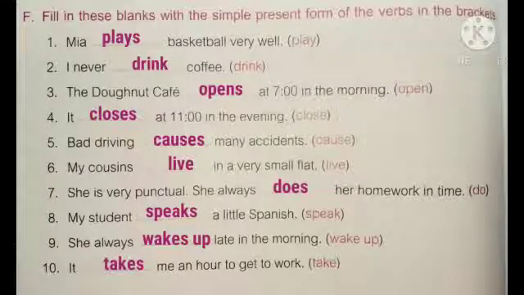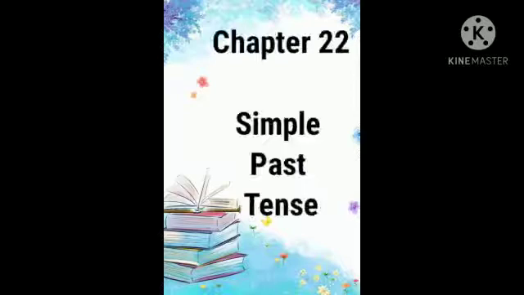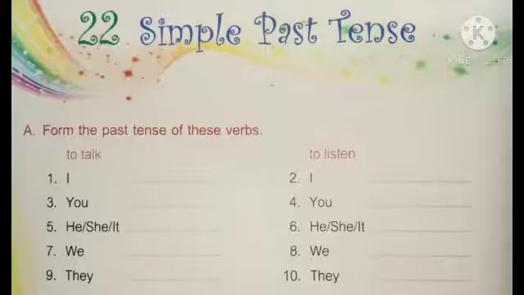Students, write C, D and E main in your classwork book. Let us move on to next chapter, that is chapter 22, simple past tense. Open page number 78. A. Form the past tense of these verbs.